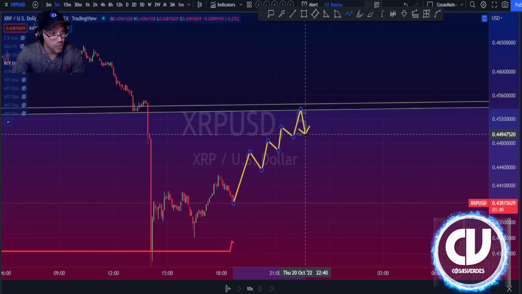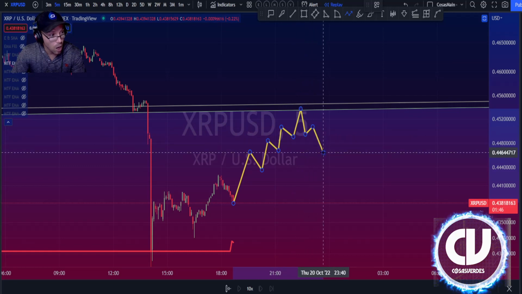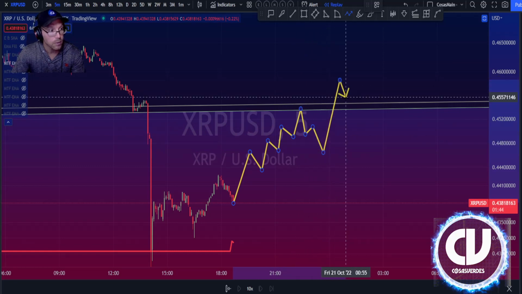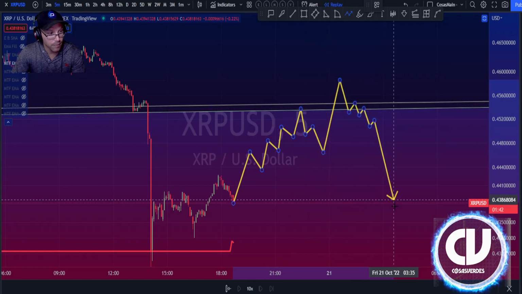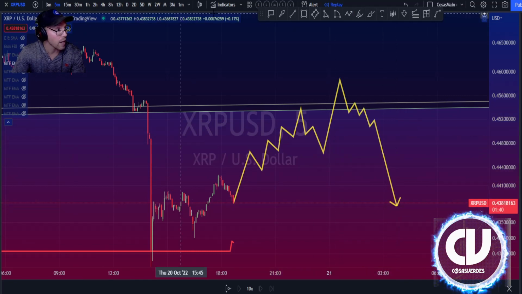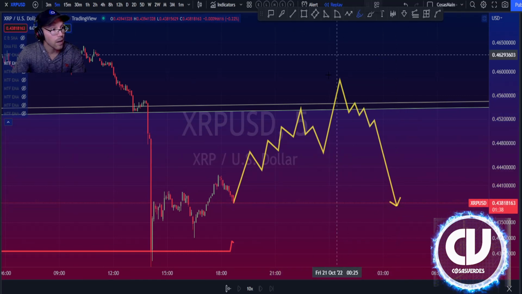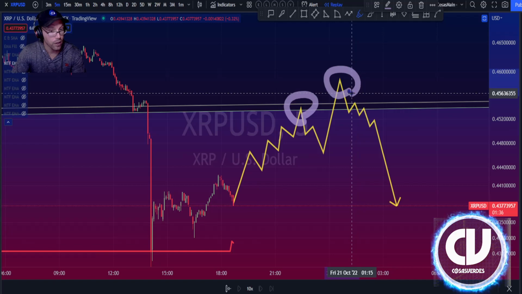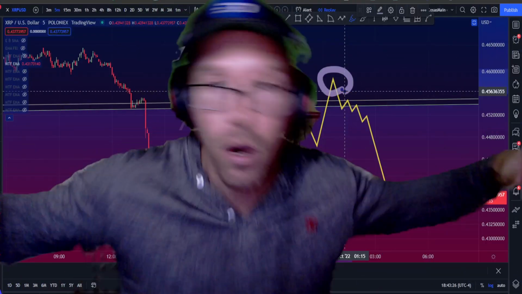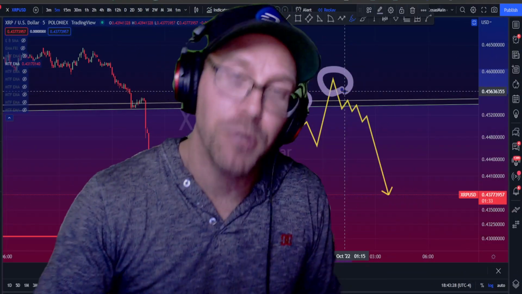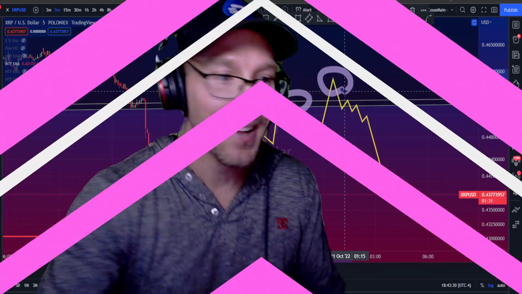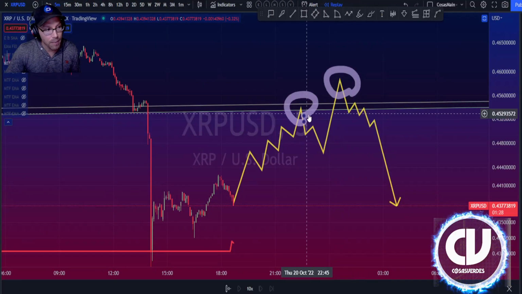You can get a rejection, take out a low, then spike up, then come back down. So this is called a rejection failure. And this happens on all cryptos when they come up to a resistance point that they're not going to pass, but it makes it look like it will.